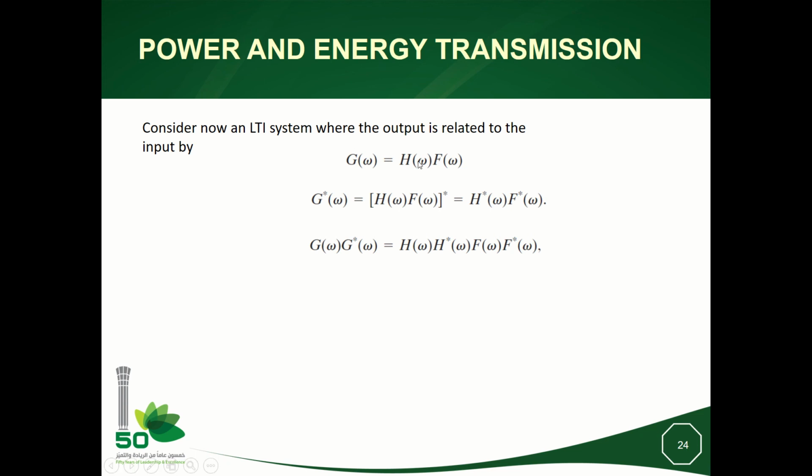So from the convolution property of the Fourier transform, we can write the Fourier transform of the output signal G(ω) to be the product of H(ω) times F(ω). So the G star of ω, which is the complex conjugate of G(ω), will be the complex conjugate of this, and this will be H(ω) times F(ω) star.